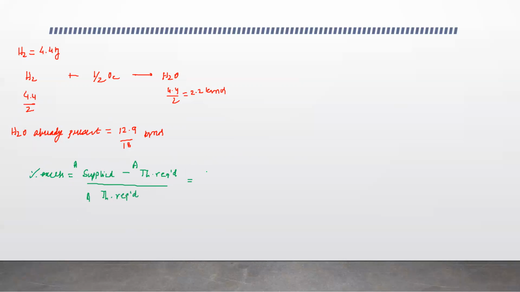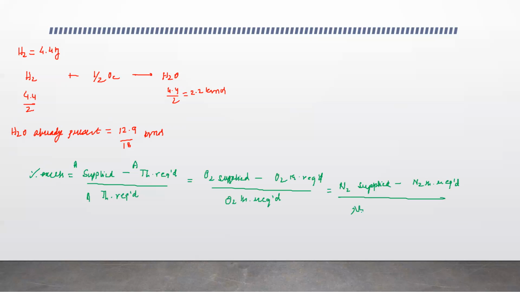So this can be the same as oxygen supplied minus oxygen theoretically required upon oxygen theoretically required. And using the same logic, we can also write it as nitrogen supplied minus nitrogen theoretically required upon nitrogen theoretically required. So remember, this information is very important.